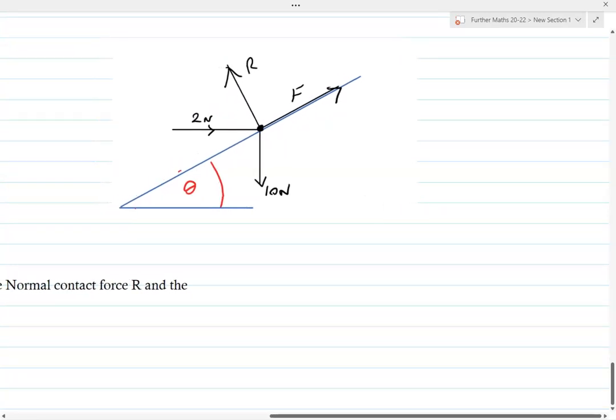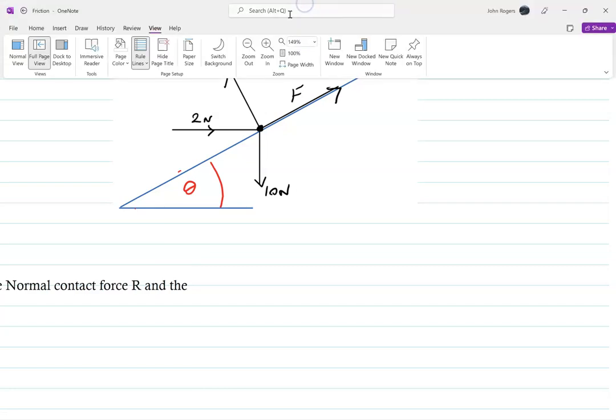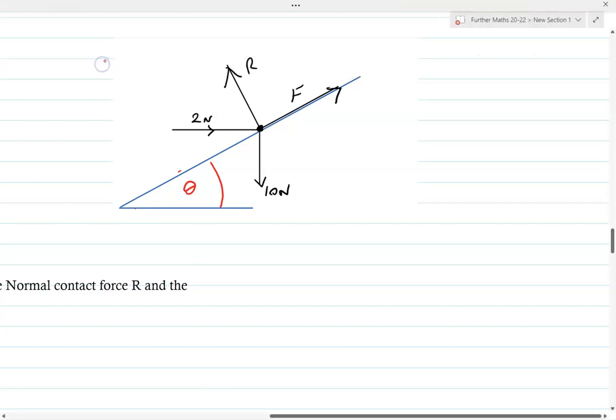So we're going to do the resolving equations. Let's first of all resolve parallel to the plane. That basically means we're going to look at forces in this direction. It's gone a bit wavy, that line, isn't it? But we're going to look at forces in this direction, like that.